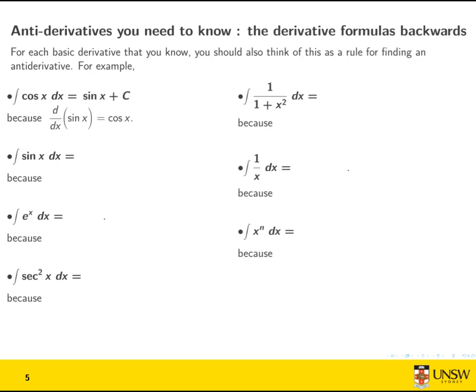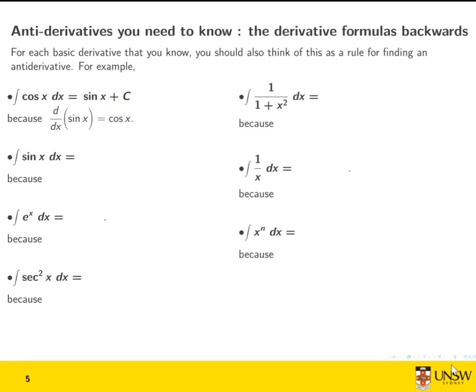Therefore, we find one this way, and then we add the plus c. So really, the formula we have already memorized is this one, and we use it backwards. If you give me the derivative, I can tell you the function was sine x, plus a constant. You may want to pause the video now and start practicing using your derivative formulas backwards.